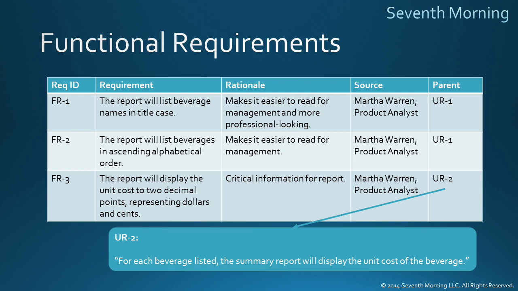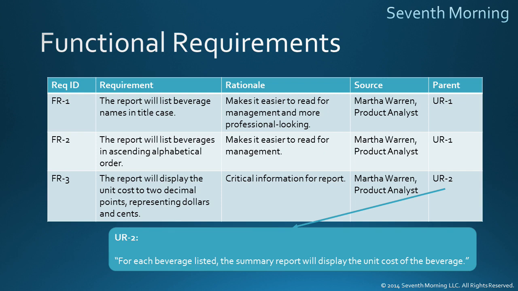And we have FR3 stating the report will display the unit cost to 2 decimal points, representing dollars and cents. All right. The rationale is that it's critical information for the report. All right. That's also proposed by Martha, and it has as its parent UR2, and UR2 states for each beverage listed, the summary report will display the unit cost of the beverage. Okay, and we can see how that functional requirement belongs to its parent.